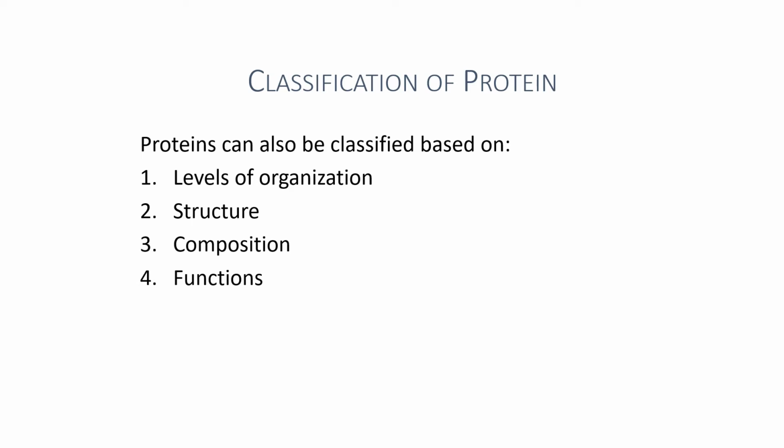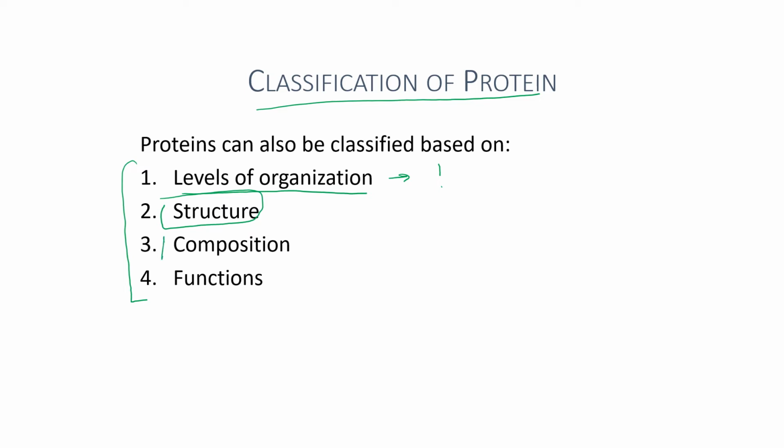Okay, so next is the classification of proteins. Proteins can be classified in four ways. The first one is level of organization: primary structure, secondary structure, tertiary, and also quaternary. Then protein can be classified based on its structure, whether it is fibrous or globular protein.